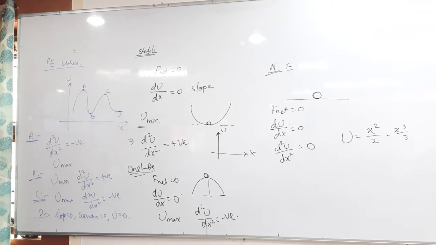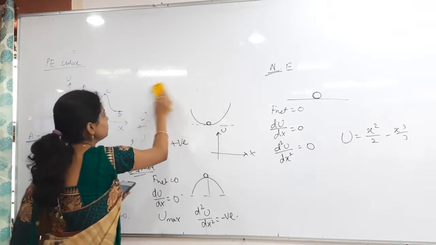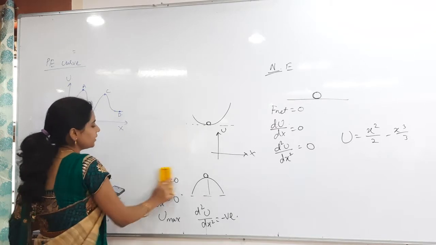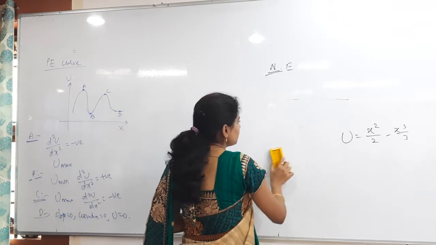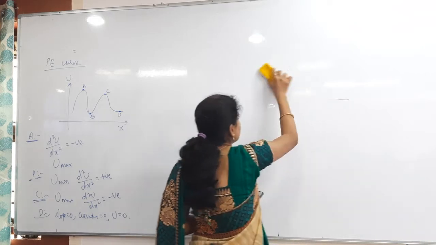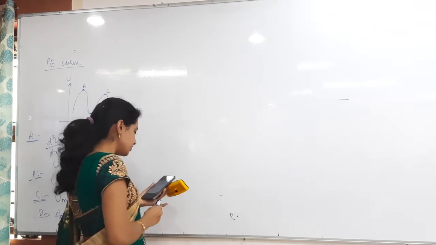Finished? Then write a problem. Potential energy for a conservative force system is given by U is equal to Ax minus Bx square, small a x minus b x square, where A and B are constants.